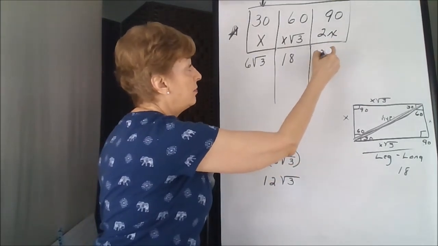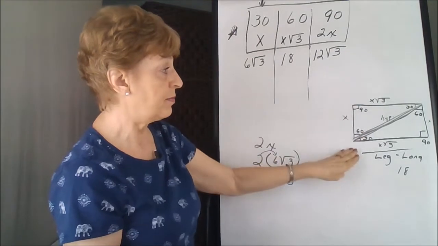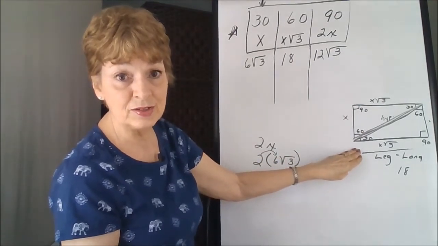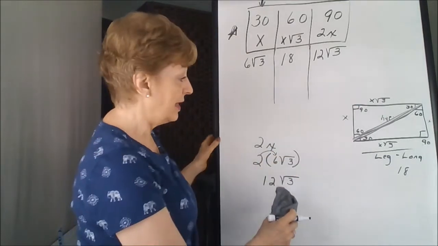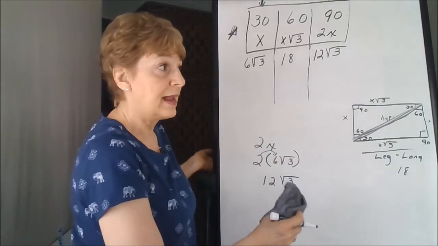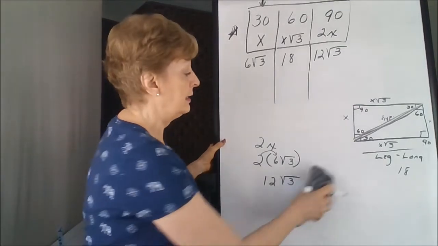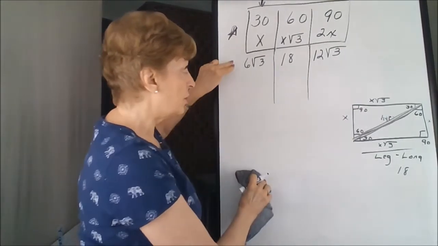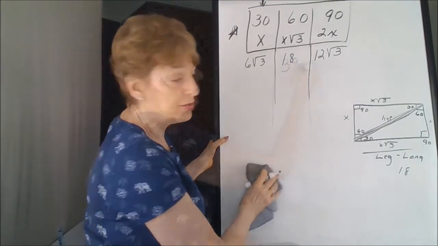So we have 12 radical 3. We're now ready to take these values and properly fill them in on the triangle, and then go on to answer the subsequent question, whether it was an area of the triangle or just what was one of the sides of the triangle. After it's organized on the chart, it's easy to take that information and truly answer the question.